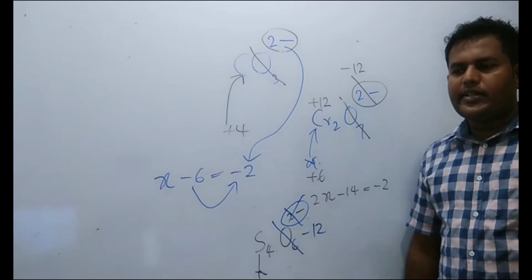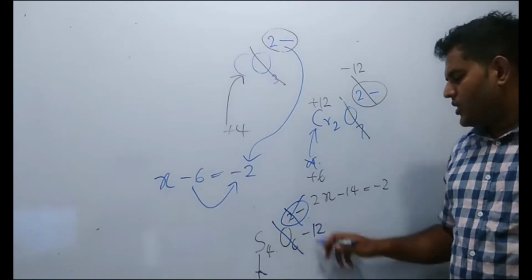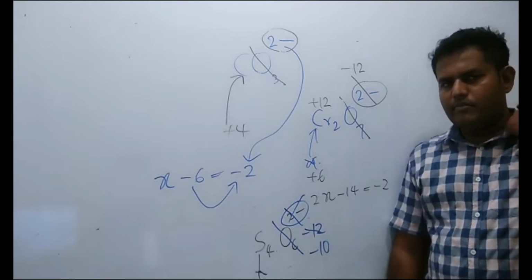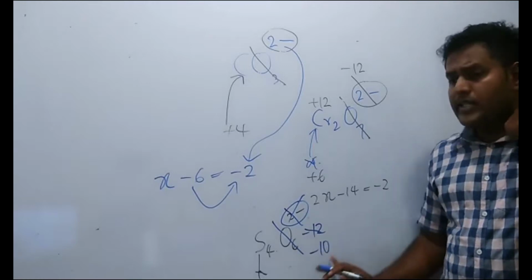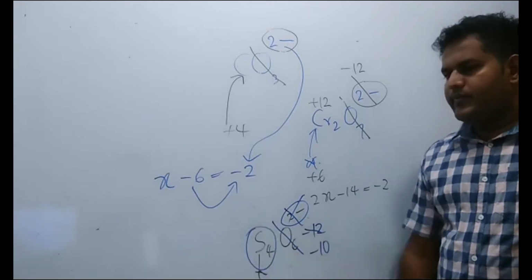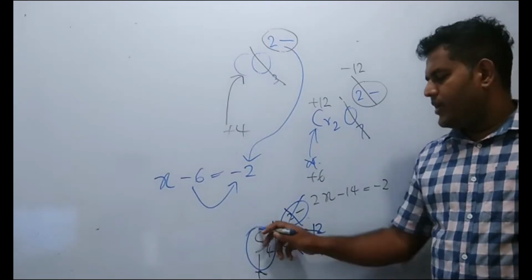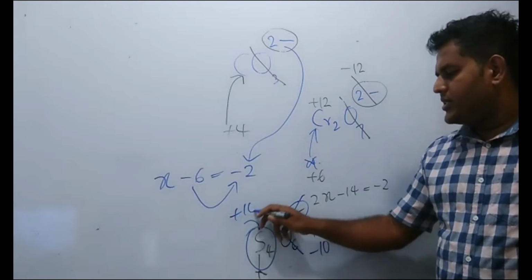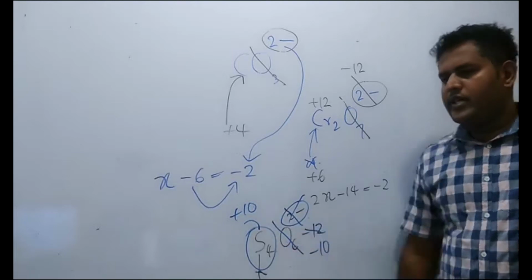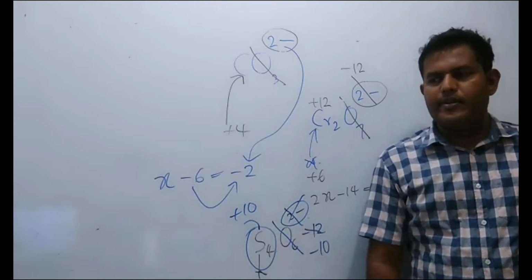Minus 12, deduct this 2, that's minus 10. Then you have 4 sulfur atoms, that is plus 10. Right?